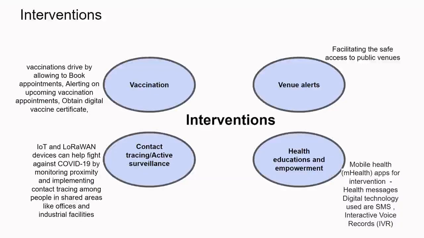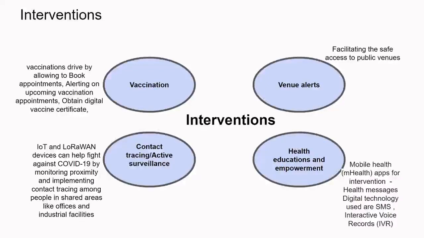These are some of the interventions that digital health can support. As an example, in COVID-19 infection, we know there were contact tracing apps, and they were doing active surveillance, and there were also venue alert systems. After the introduction of the vaccine, digital health tools were widely used to improve the vaccination drive.